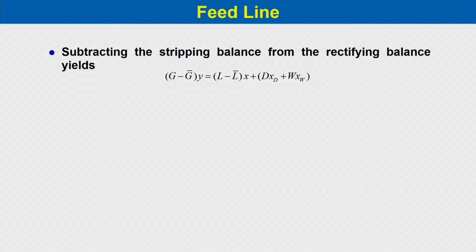Now if we subtract the stripping balance from the rectifying balance, this will yield G minus G bar into y is equal to L minus L bar into x plus D into xD plus W into xW.